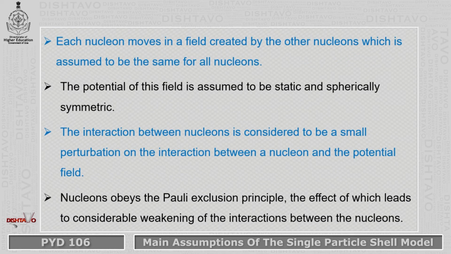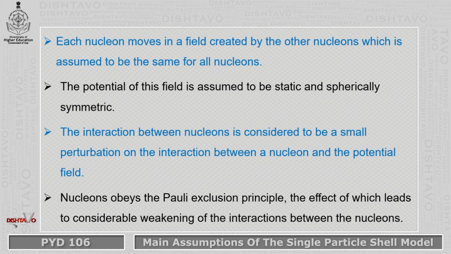Each nucleon moves in a field created by the other nucleons, which is assumed to be the same for all nucleons. The potential of this field is assumed to be static and spherically symmetric.